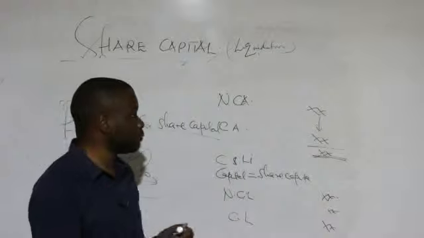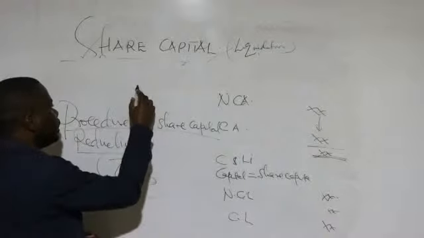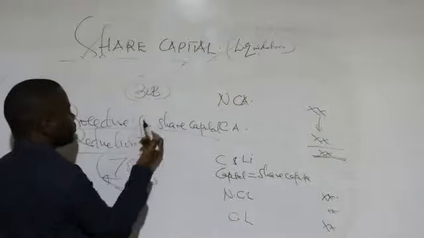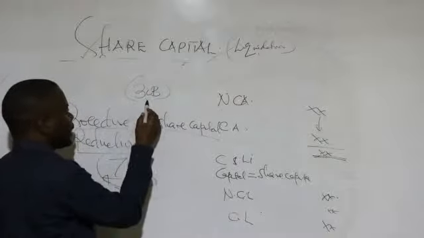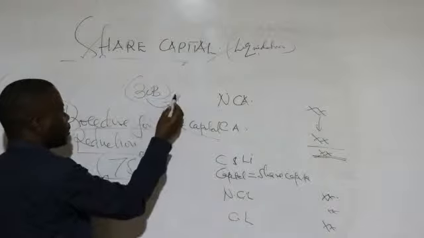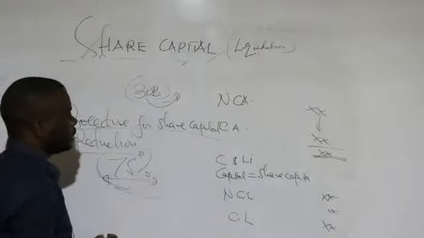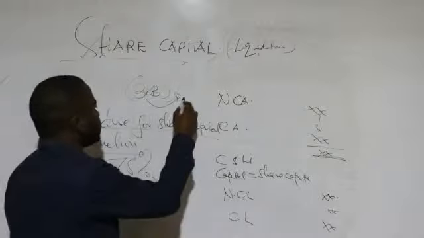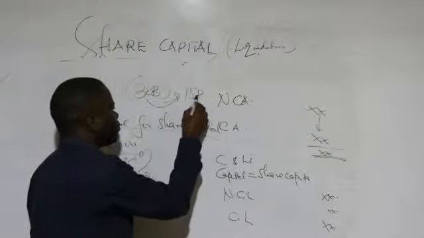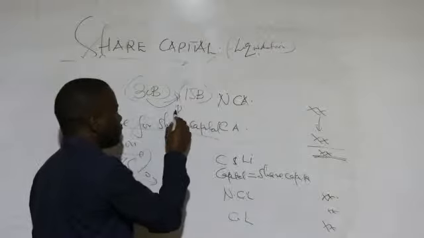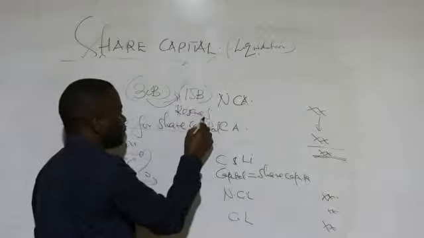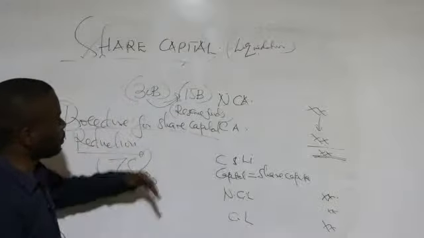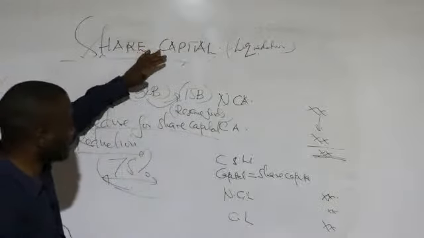For example, if the company makes, let's say, 30 billion as a profit, they could decide not to pay all the amount as dividends. They could put aside some part of the profits as reserve funds, so this will go to the reserve, and pay the remaining 15 billion as dividends.